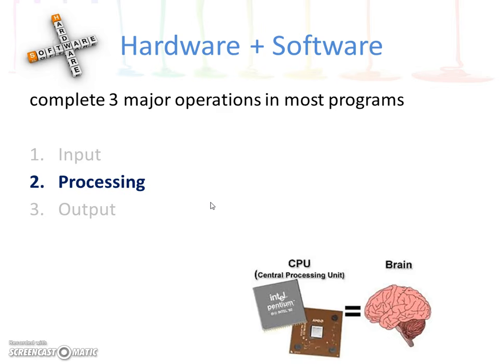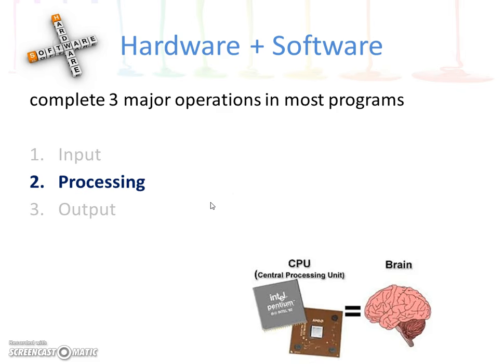Now processing is the manipulation a computer does to transform data into information. Remember, inside our little bird, it was our little put. Everything that's happening inside our bird once he eats the seeds or grains or whatever, that is what's happening. That's our processing. So what may this processing involve?